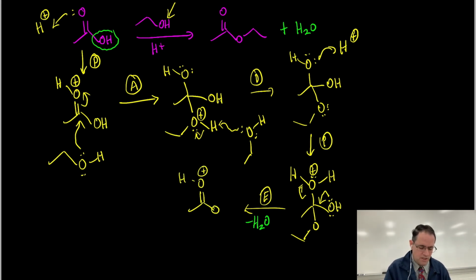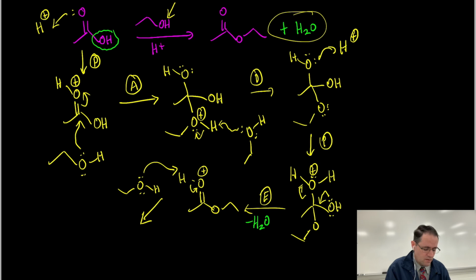E for elimination, and what we get here is a protonated kind of ester, and so you want to use something that's present in the reaction, ethanol. Or I suppose water, right? Water is being formed in this reaction, and that's going to give you the last step.